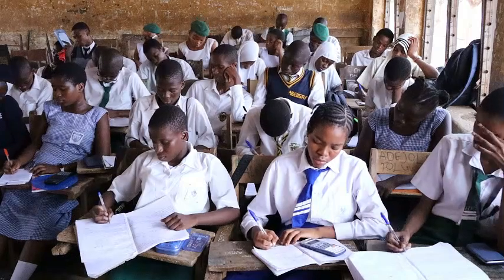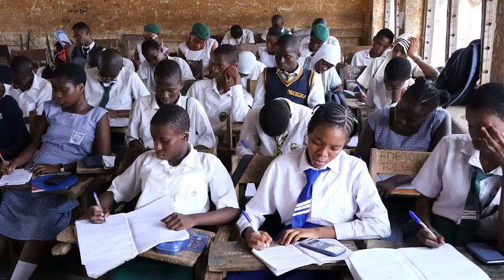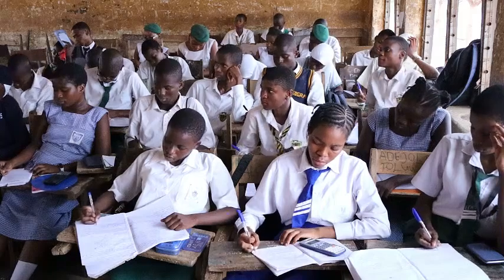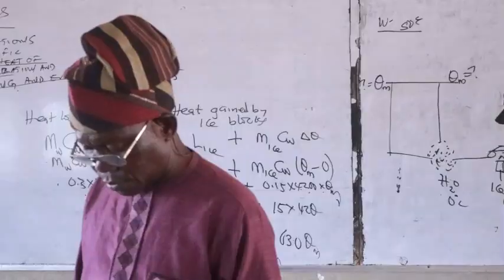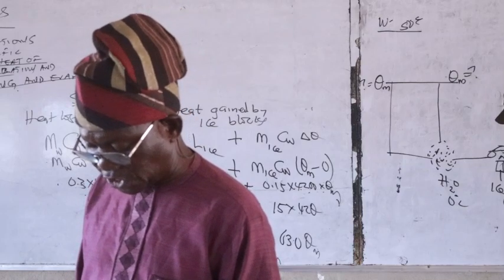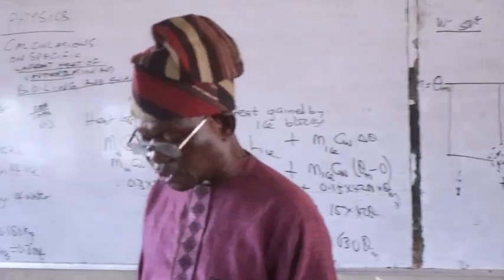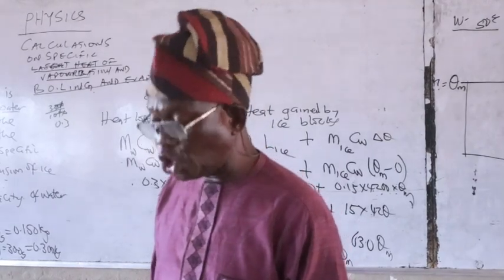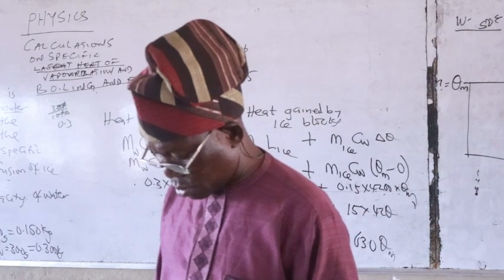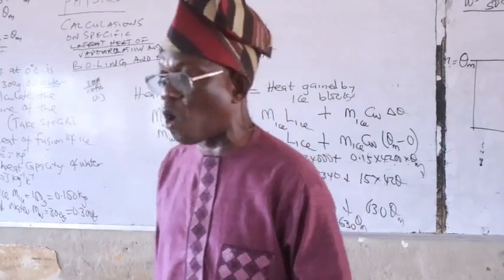Take specific latent heat of steam to be 2.26 times 10 raised to power 6 joule per kilogram.